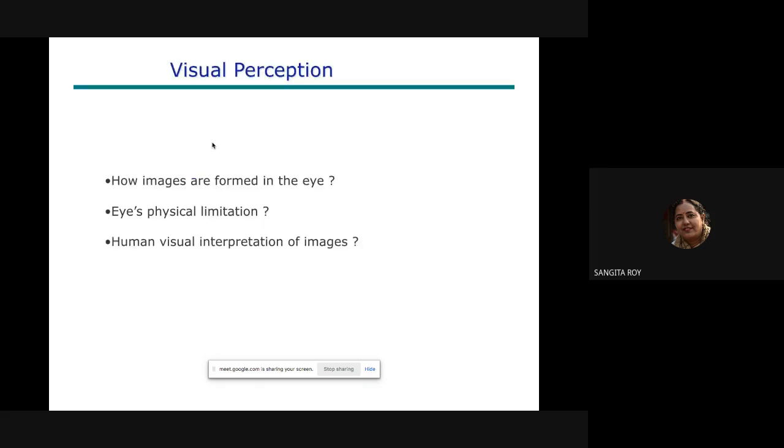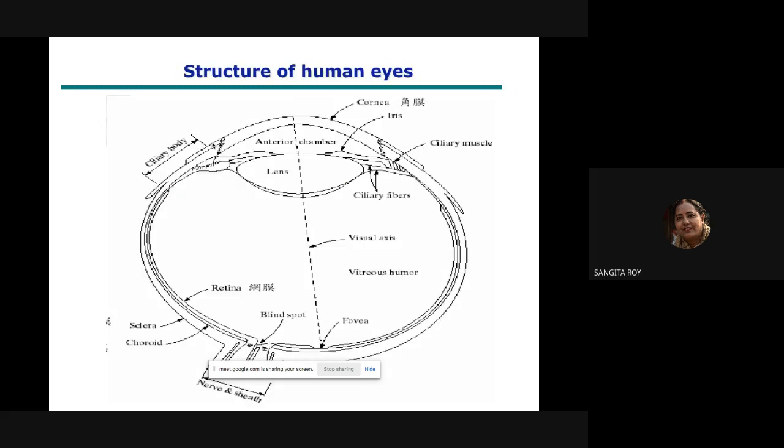Visual perception: how images are formed in the eye, the eye's physical limitations, and human visual interpretation of images.